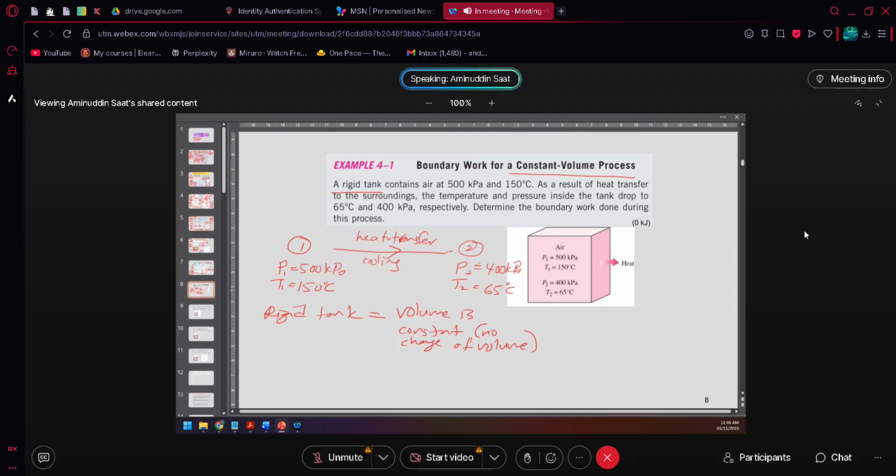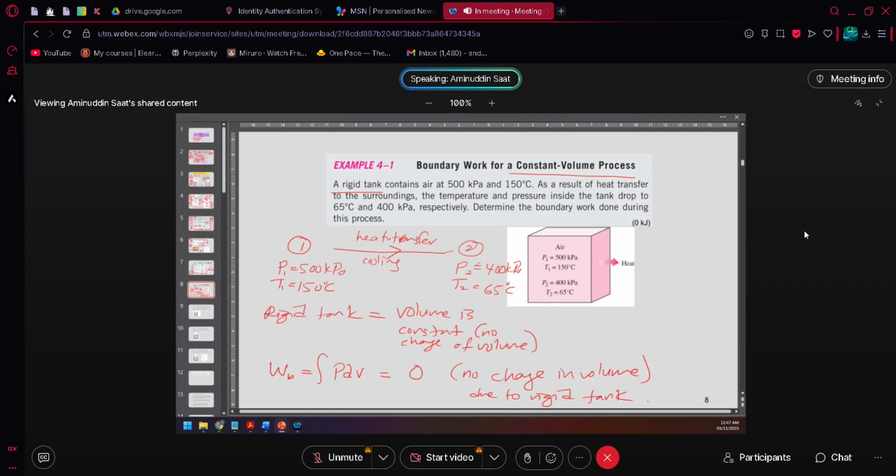So determine the boundary work done during this process. Boundary work, PdV, is equal to 0 because there is no change in volume, due to the rigid tank.